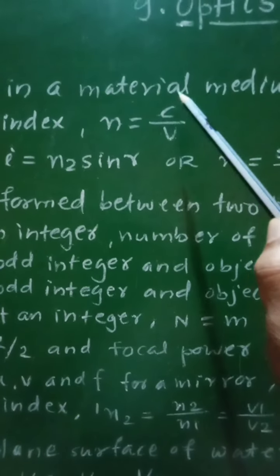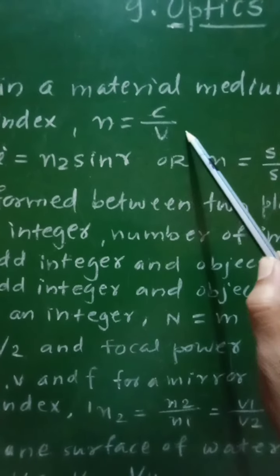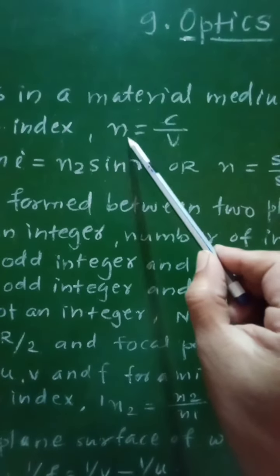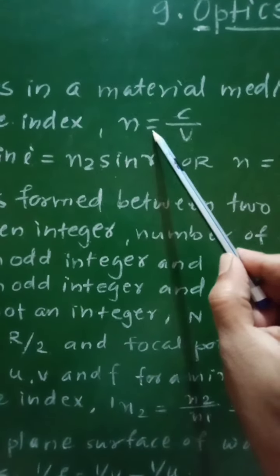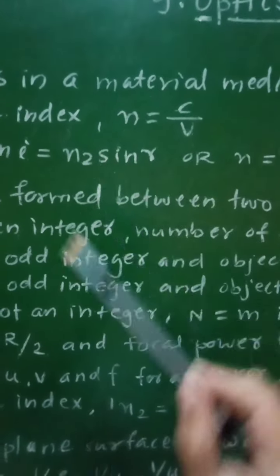So velocity of light in air divided by velocity of light in that medium gives us the absolute refractive index of that medium.